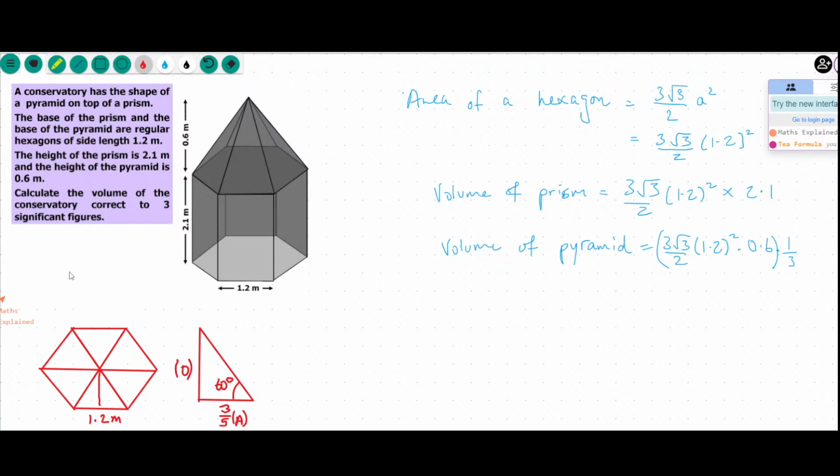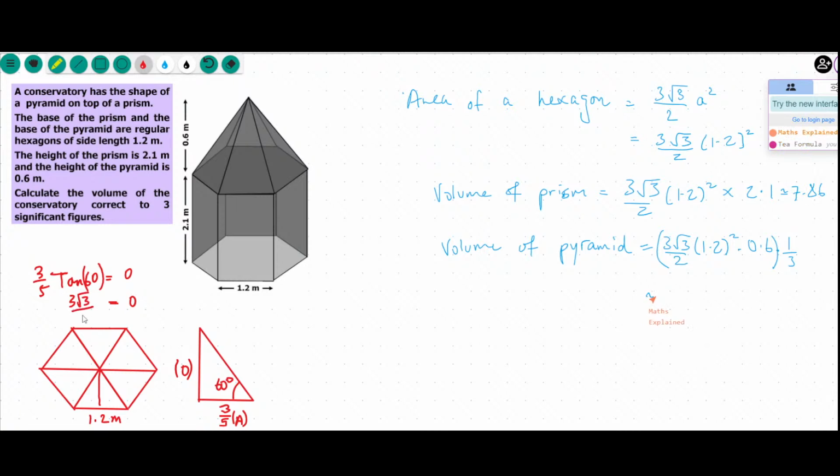So, yeah, 3 root 3 times 1.2 squared times 2.1 divided by 2. This is 7.86 approximately.